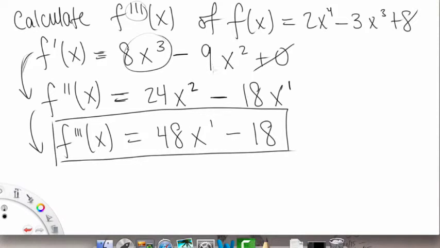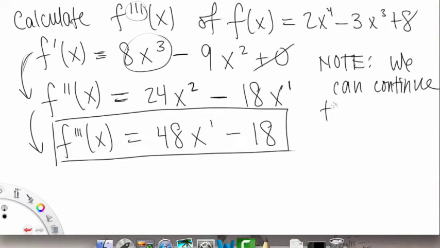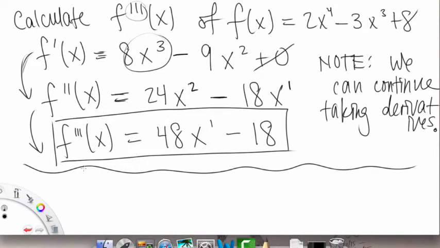One thing I'd like to note is that we can continue taking derivatives until we hit 0. Let's continue for the sake of discovery. The fourth derivative of f would equal what? This negative 18 would go away, so all we would be left with is 48.